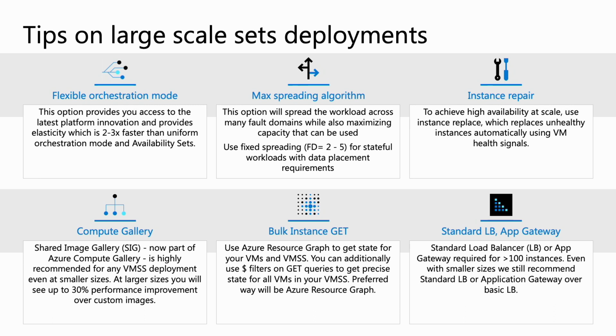You can also leverage the Azure Resource Graph to query the properties of your VMSS at large scale and optimized performance. VMSS instance repairs is also a great feature to use that can help you maintain a healthy set of VMs in the scale set by automatically detecting and replacing any unhealthy VMs in the scale set.